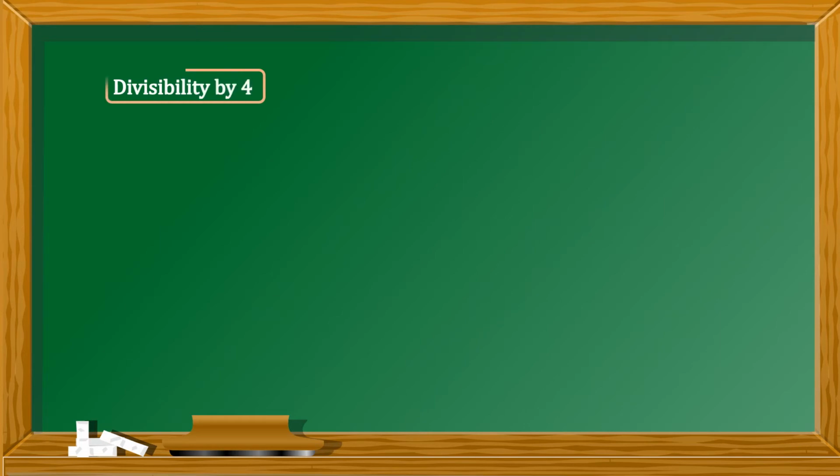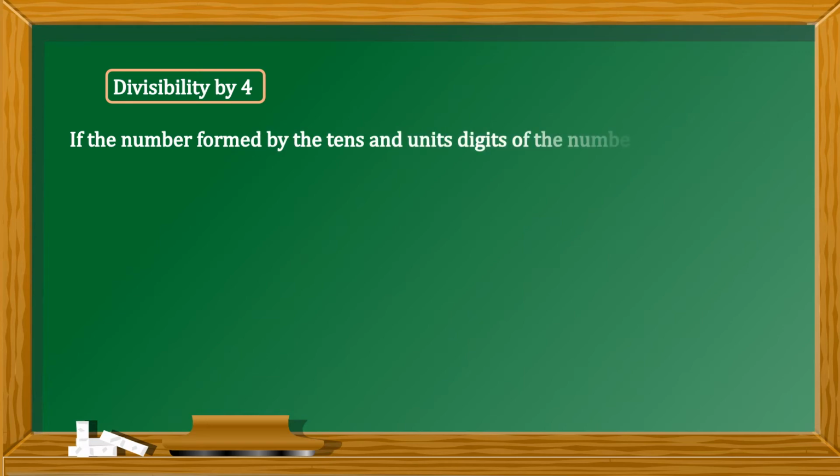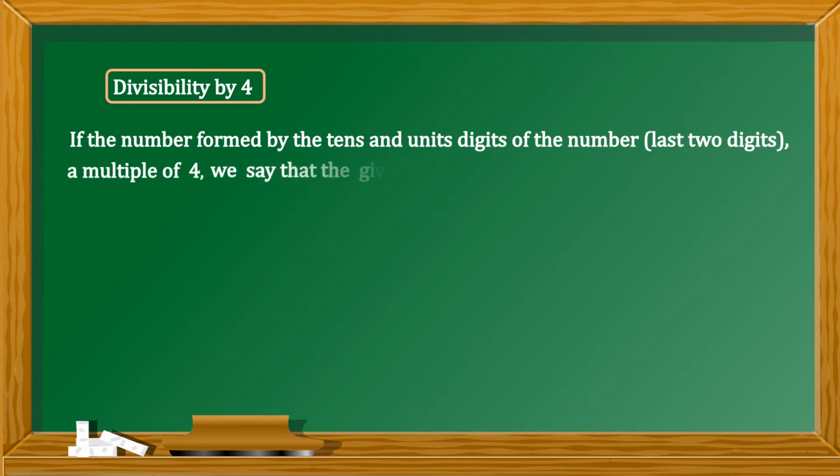Divisibility by 4. If the number formed by the tens and the units digit of the number, that is, the last two digits of the number, is a multiple of 4, then we say that the given number is divisible by 4. For example, 6824. The last two digits in this number are 2 and 4.